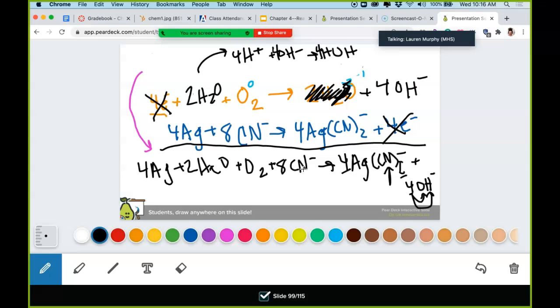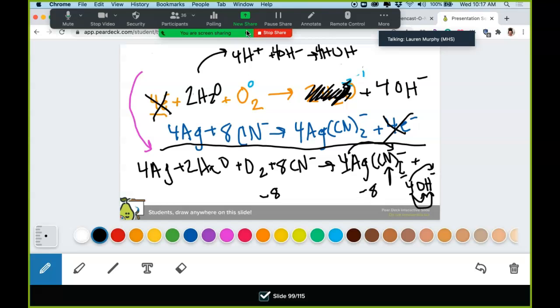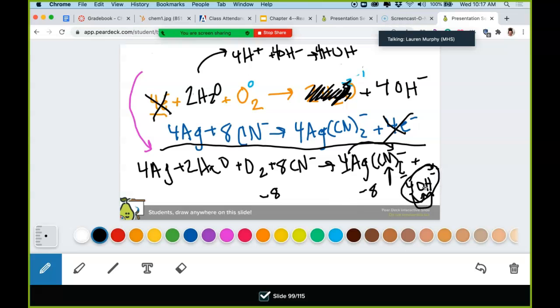Charge on the left is -8, 0, 0, 0. So -8. Charge on the right, this is -4, and this is another -4, -8. Everything is balanced. And look, now we have hydroxide floating around in there and not hydrogen. This is what makes it basic.